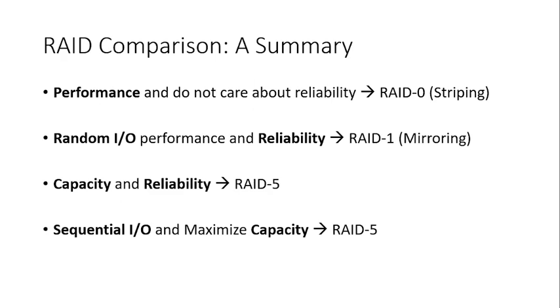Capacity and reliability is RAID 5. Sequential input output and maximizing capacity is RAID 5. So among all the RAID levels, RAID 5 is mostly used for the sake of capacity, reliability, sequential input output and maximizing capacity.